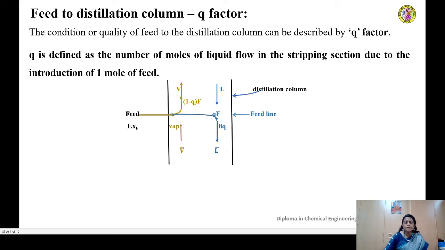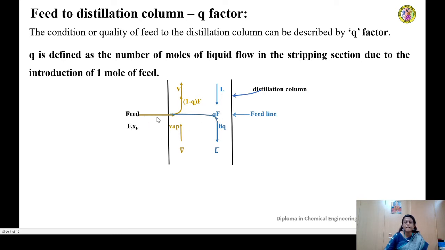Now, if the feed is entering as a saturated vapor, then that entire vapor gets added to the vapor stream. Since it is at a saturated condition, it does not have any impact on the liquid flow rate. So only the vapor flow rate increases, and the liquid flow rate remains unchanged.